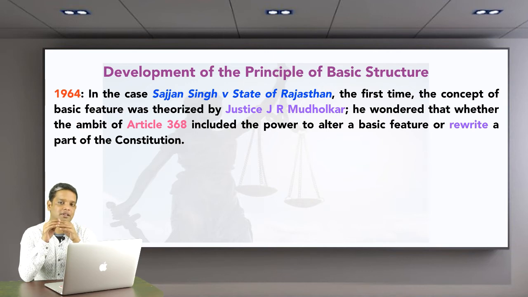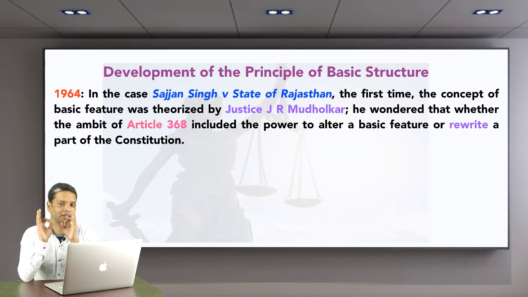If you remember the beginning of this video, I started with the same question, inspired by this statement. It asks whether Parliament has unlimited power to amend any part of the Constitution to any extent, even to rewrite it, or whether it has some limitation.